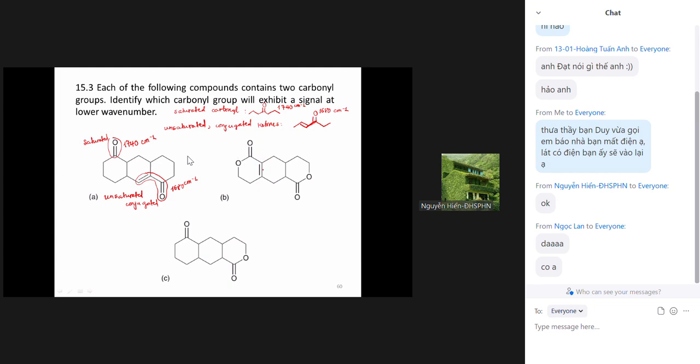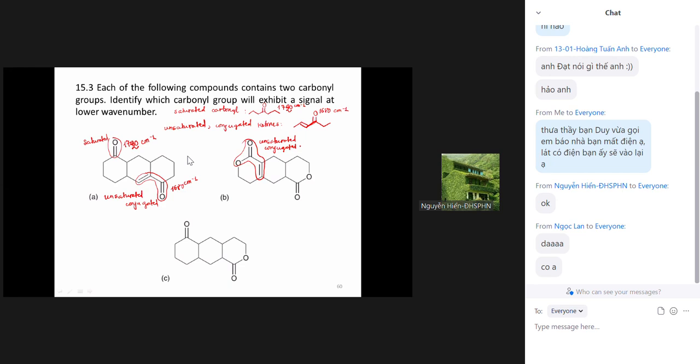In structure B, you have also an unsaturated, sorry, I think this just 20 for ketones, unsaturated and conjugated.